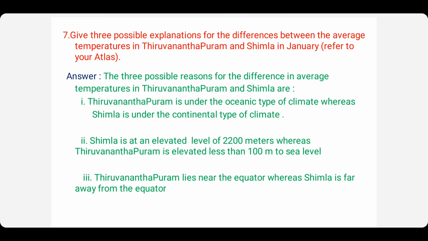And then Tiruvananthapuram lies near the equator, whereas Shimla is far away from the equator. So you can see Tiruvananthapuram lies south of Tropic of Cancer, so it is nearer to the equator, whereas Shimla is far away from the equator. Hence there is a huge difference in the average temperatures in Tiruvananthapuram and Shimla.